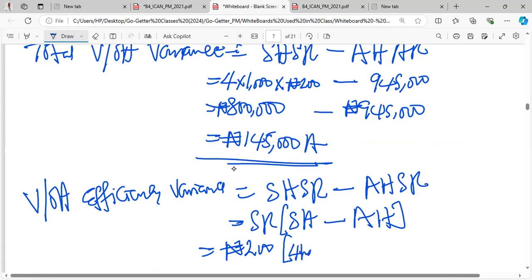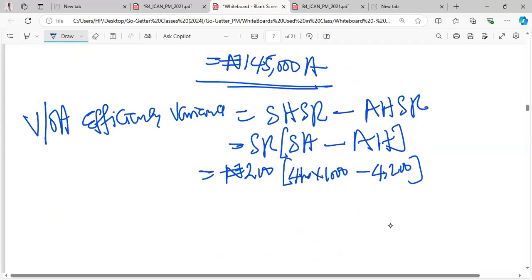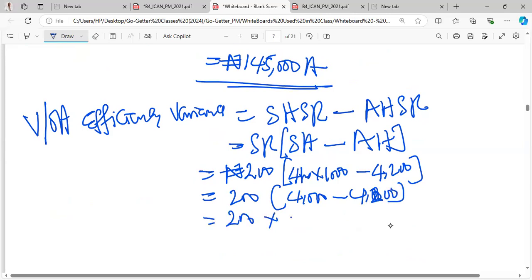The rate is 200 multiplied by 1,000 units. And here actual hours paid for happens to be 4,200. So this is going to be 4,000 minus 4,200, which is 200 times minus 200, which is 40,000 adverse.